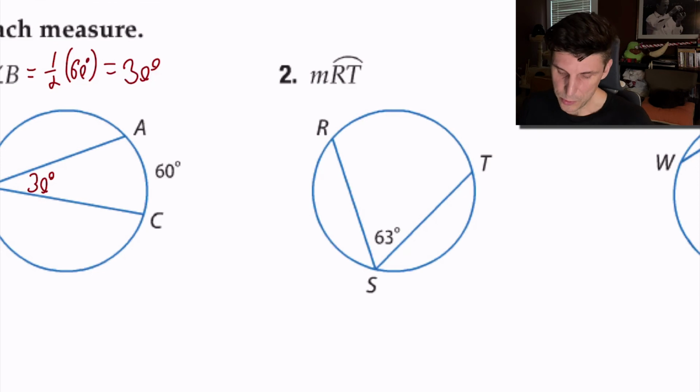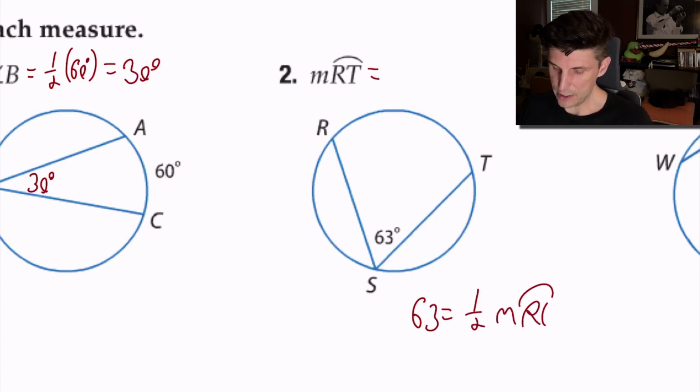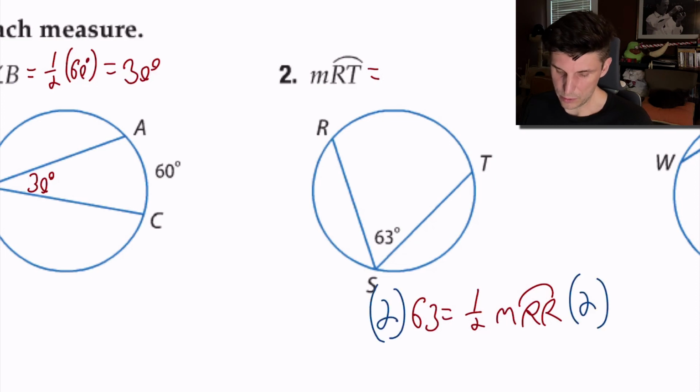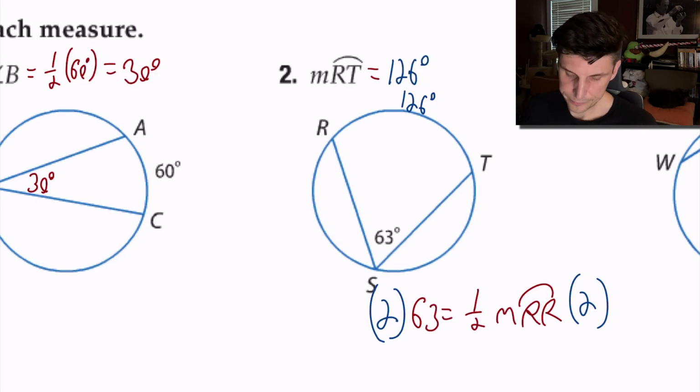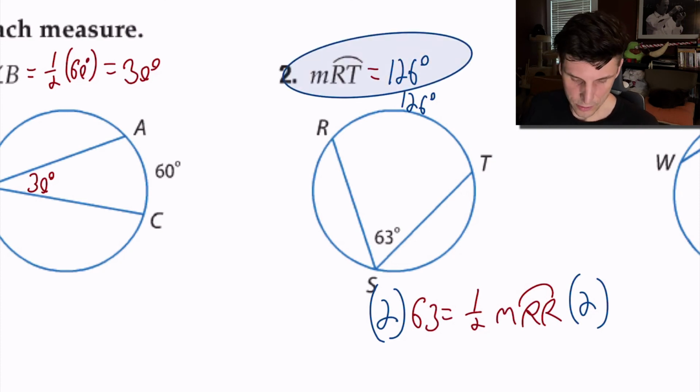We could write the relationship down: 63 is equal to 1/2 the measure of arc RT. Then you just double both sides, times 2, and we know it's going to be 126 degrees. I like to circle my answers. It's fun.